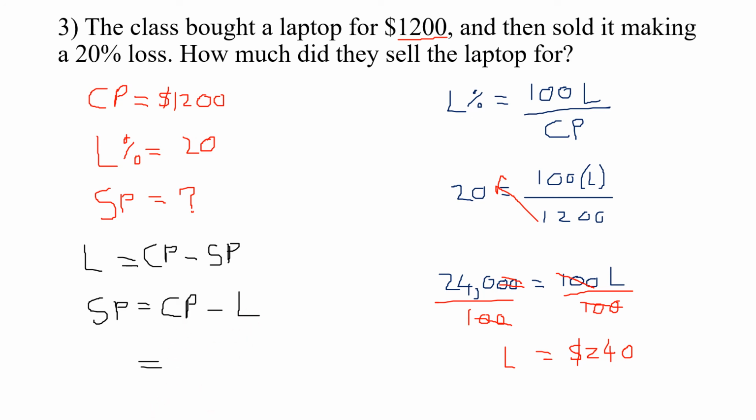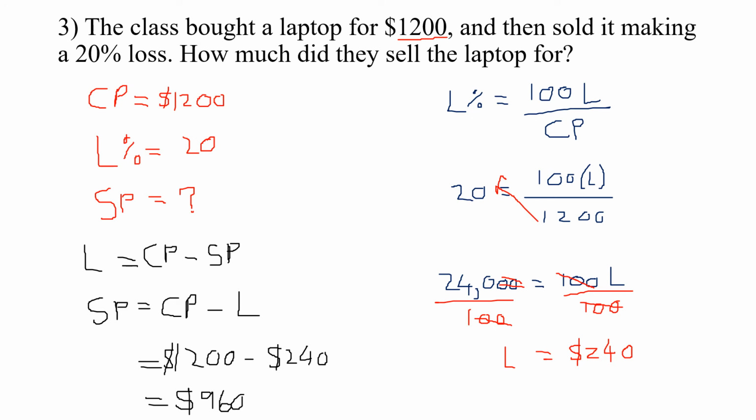So the selling price, according to this question, is $1,200, that's my cost price, minus my loss, which I know is $240. Once I do my math, 1,200 minus $240 gives me $960.